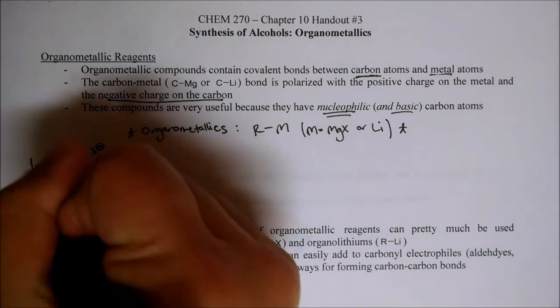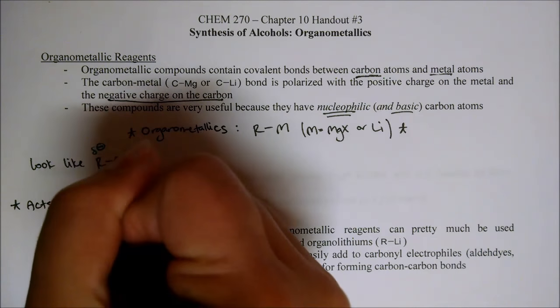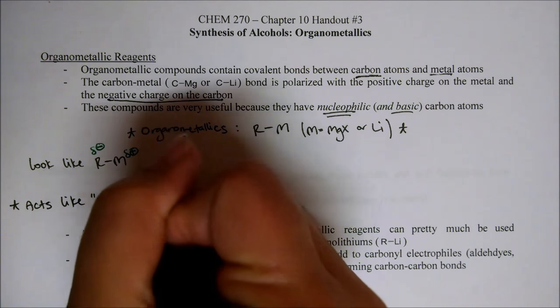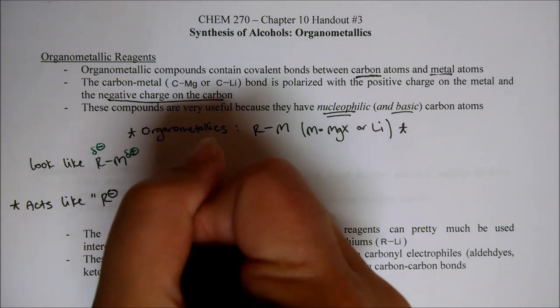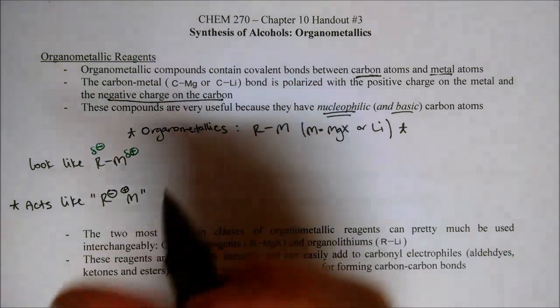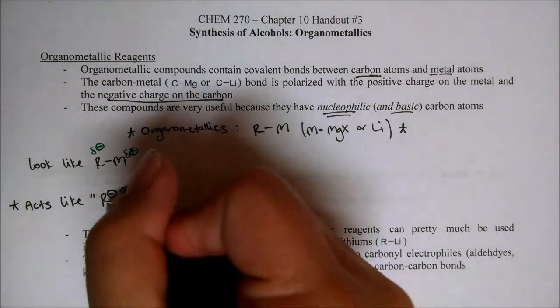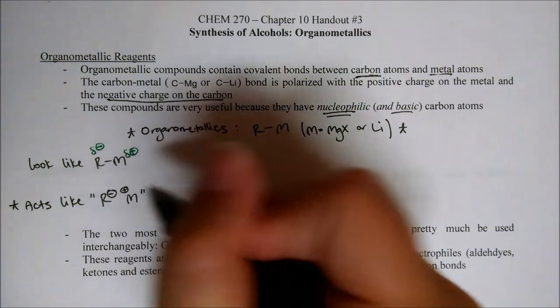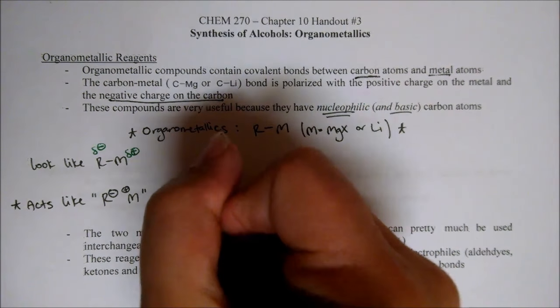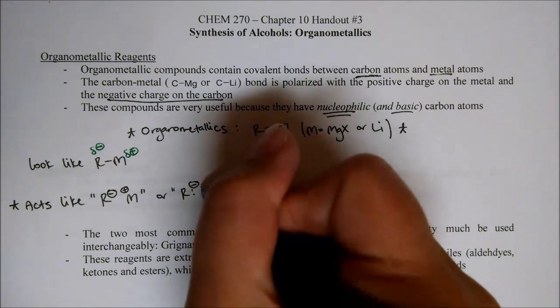So when we use them in reactions, they act like R minus M plus. Just like whenever I write NaOH, I write Na plus OH minus. We'll do the same thing here. Just put the minus on the carbon, R minus.